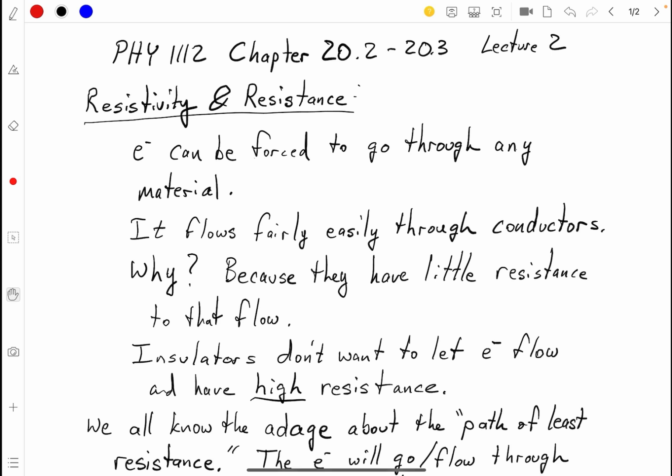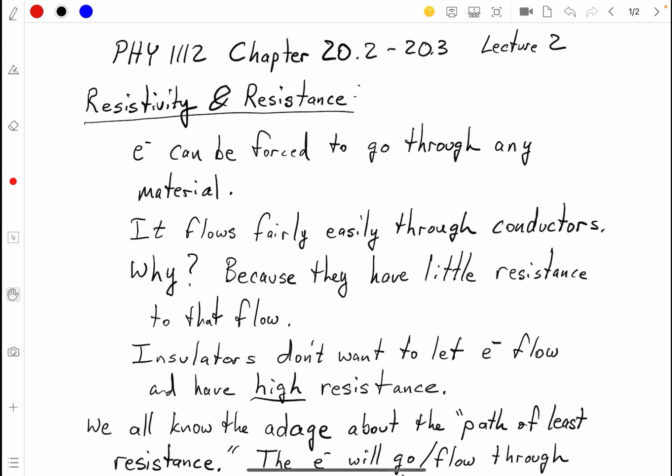Now, you have to keep in mind, we can force electrons to go through any material. You just have to have a high enough voltage potential, and you can make it happen. So it flows fairly easily through conductors because there's little resistance.